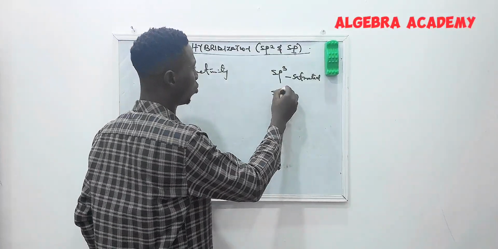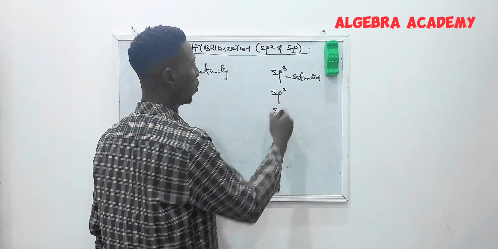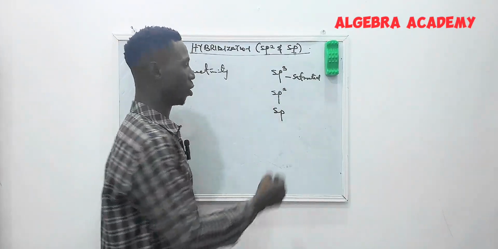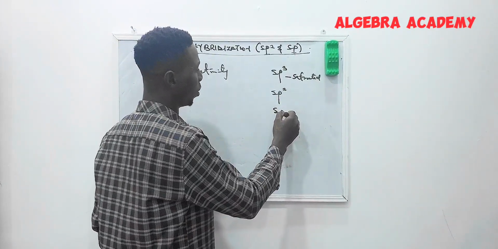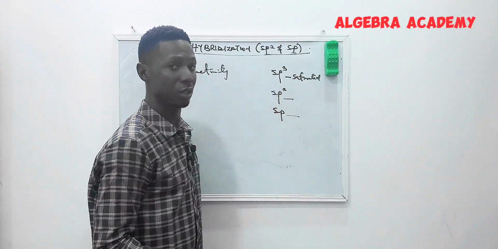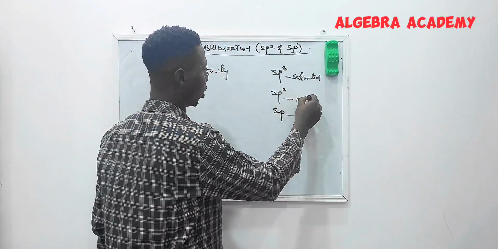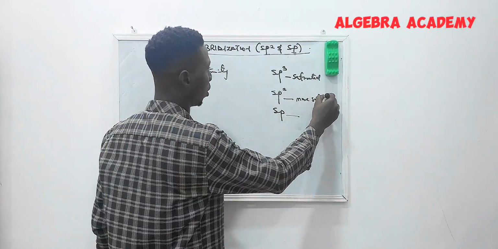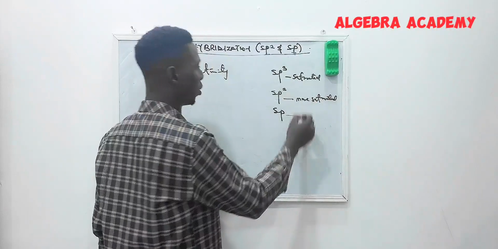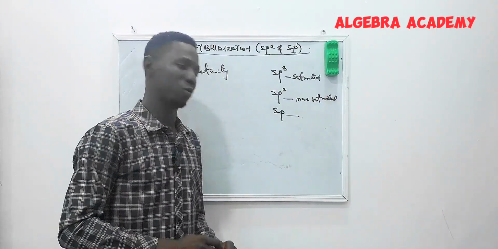While sp2 and sp are unsaturated. But if you look at the level of unsaturation, sp and sp2 relatively, sp2 is more saturated than sp.